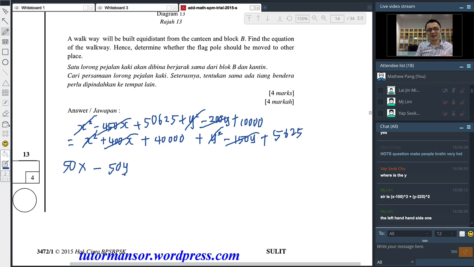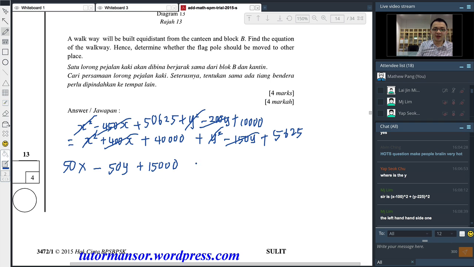Okay, and last but not least, the number. So this one will be 60625 minus 40,000 minus 5625. You will have something like plus 15000.